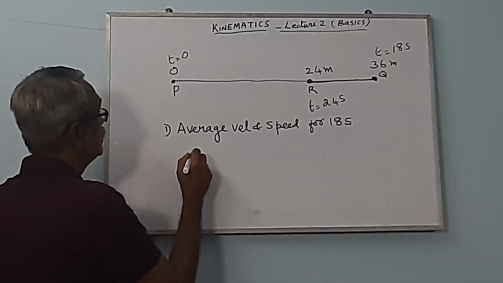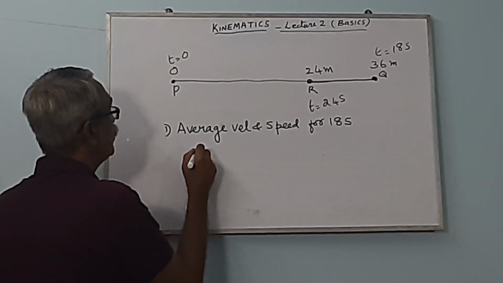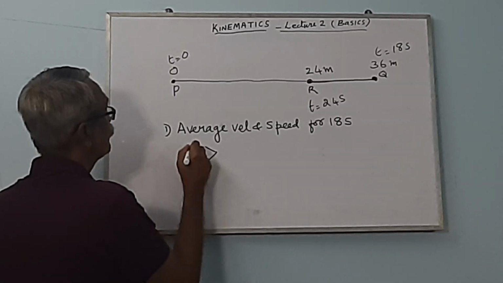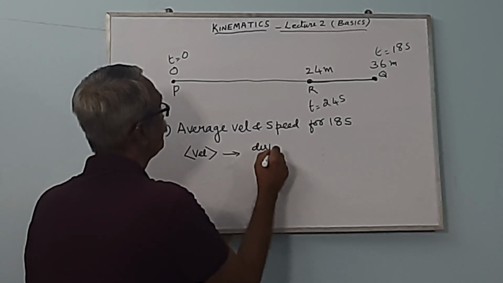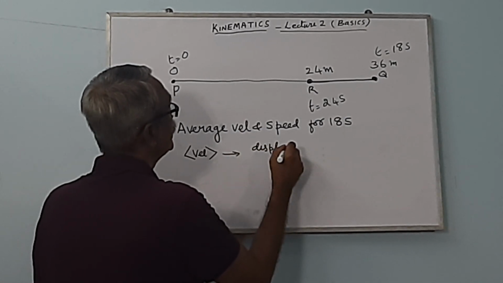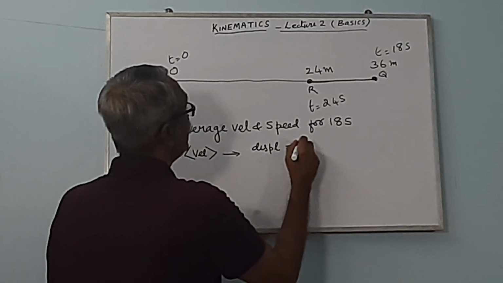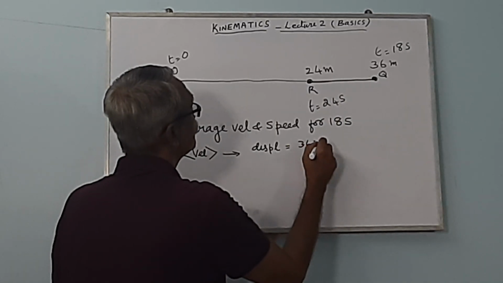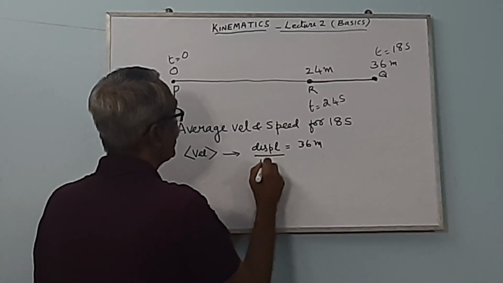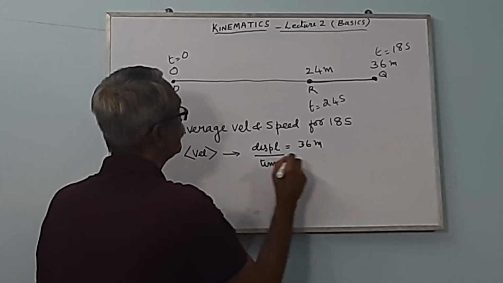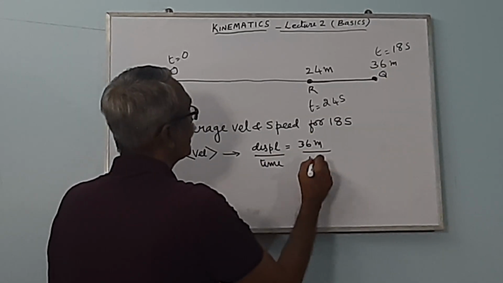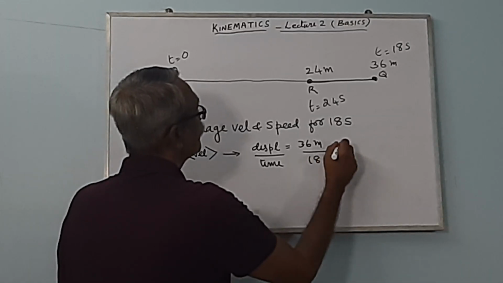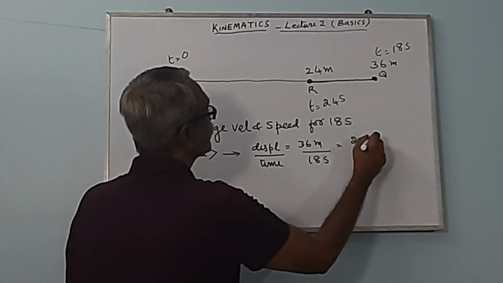We will calculate velocity first. Displacement is equal to 36 meter. Time is equal to 18 seconds. Therefore, this is 2 meters per second.